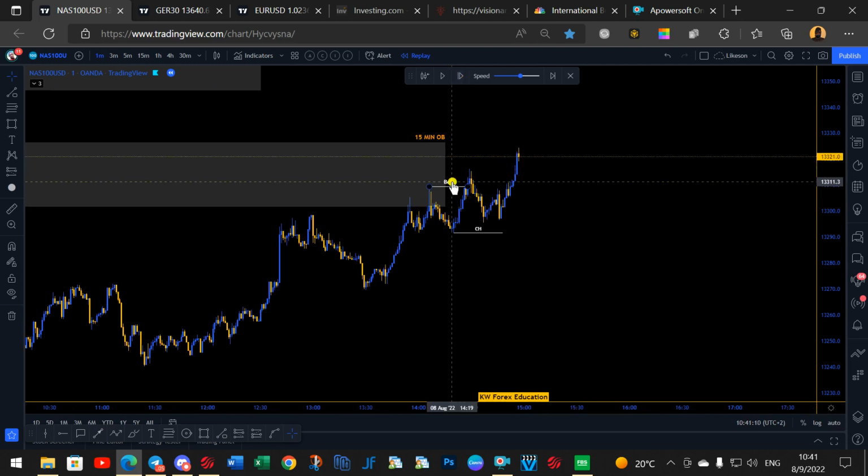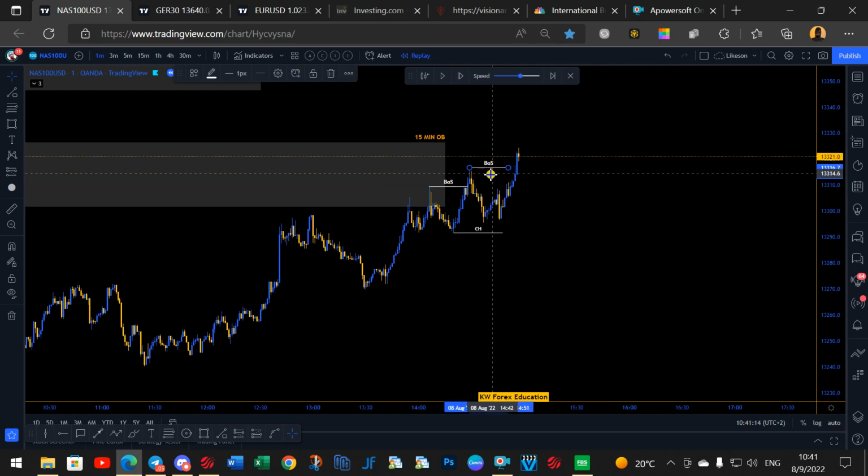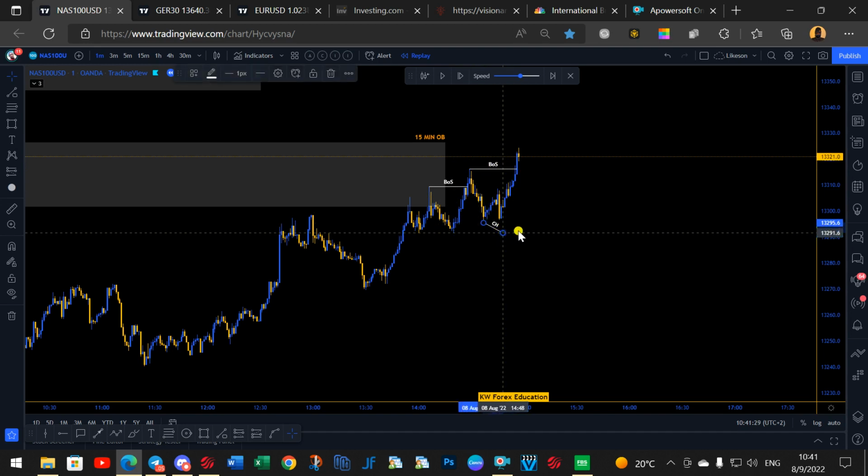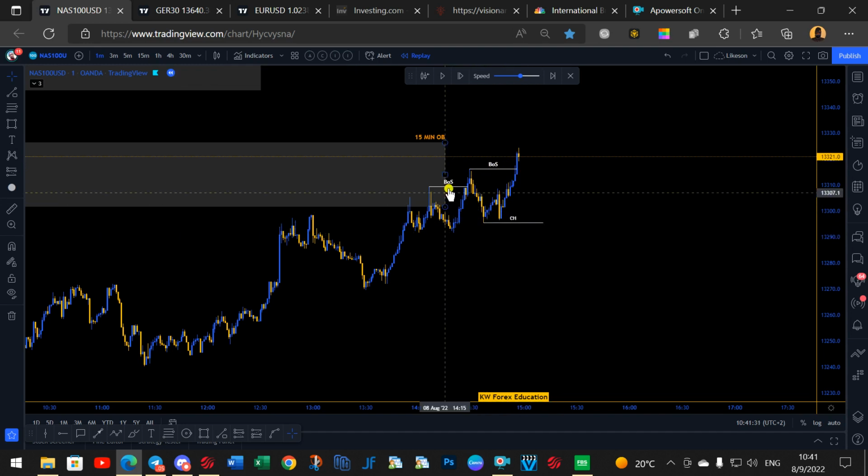We got another break of structure, so we move our break of structure there, and our lowest point is that one here. We expect to get that break of structure.